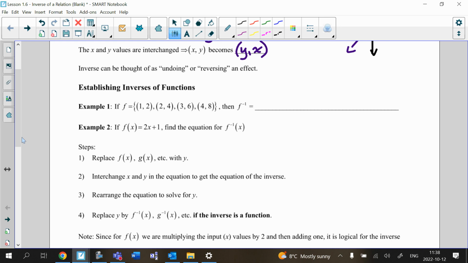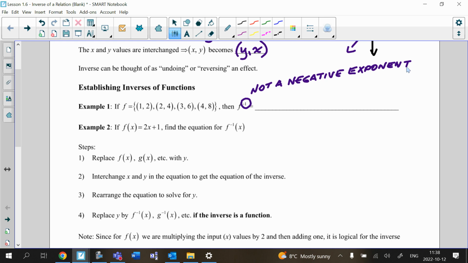And by the way, this is not a negative exponent. It does not mean a negative exponent. It's just the notation that we use for inverse, a little -1 up and to the right. So how do you find the inverse of these 4 points?